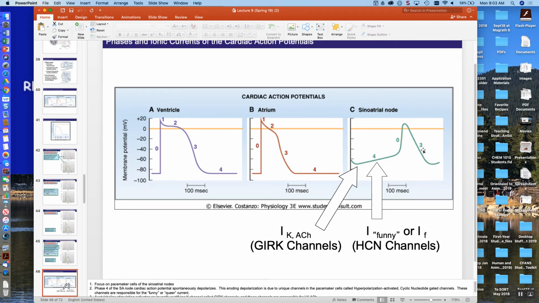Phase 3, you could probably guess, is due to potassium. Potassium repolarizes the cell. That then opens up the funny channels once again at hyperpolarized voltages, and then you get this slow depolarization until you reach threshold. Voltage-gated calcium channels open, and then the voltage-gated potassium channels.